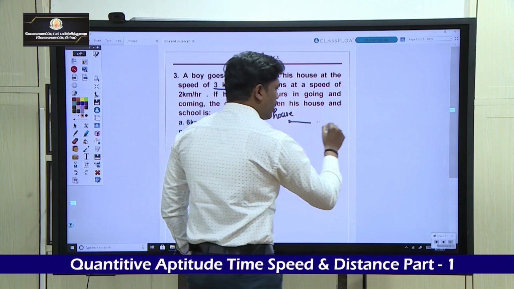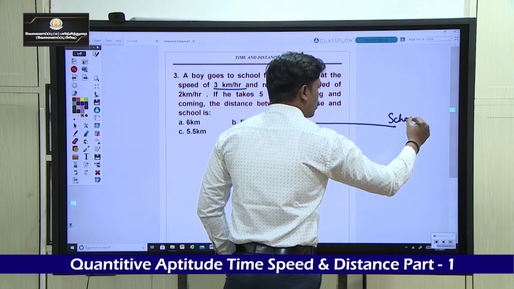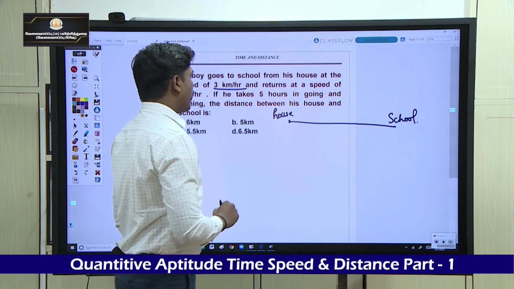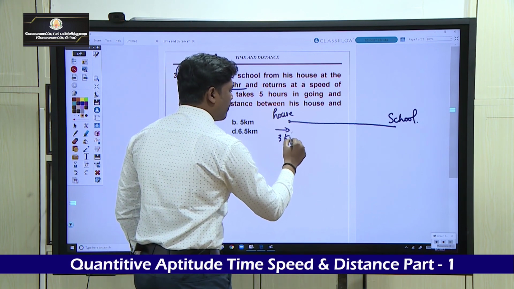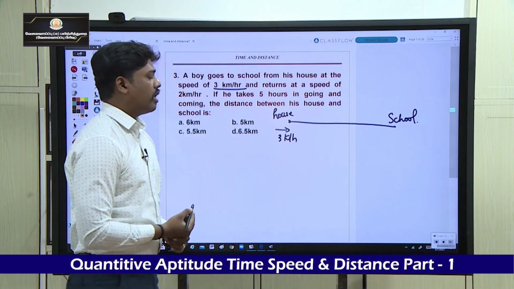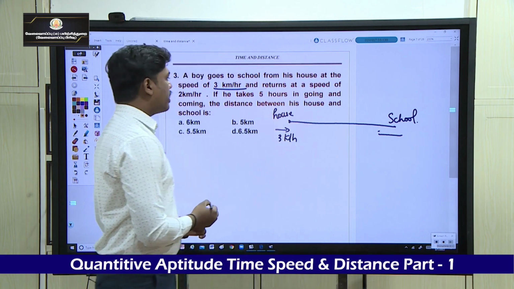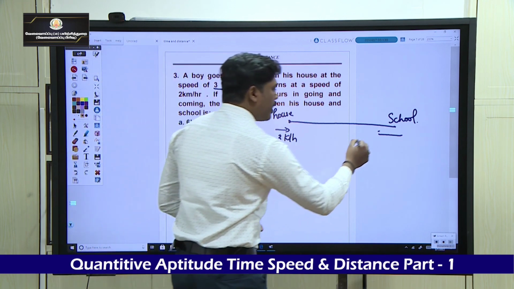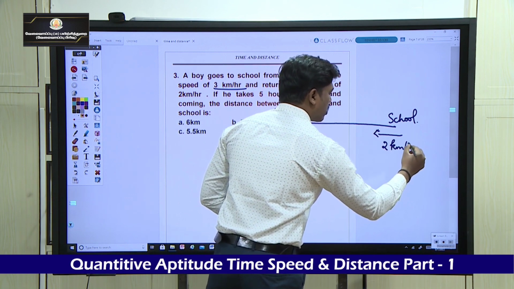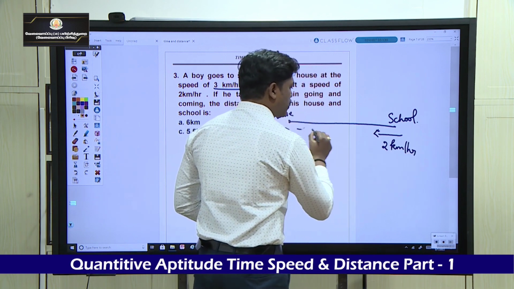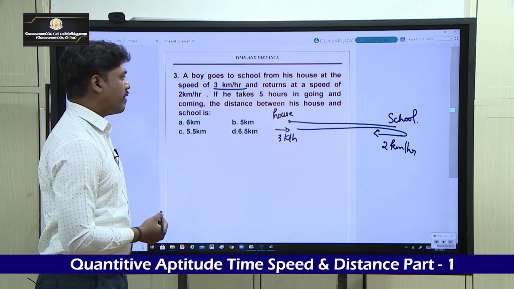From his house he is going to school at a speed of 3 kilometers per hour. After going, he is returning home at a speed of 2 kilometers per hour.